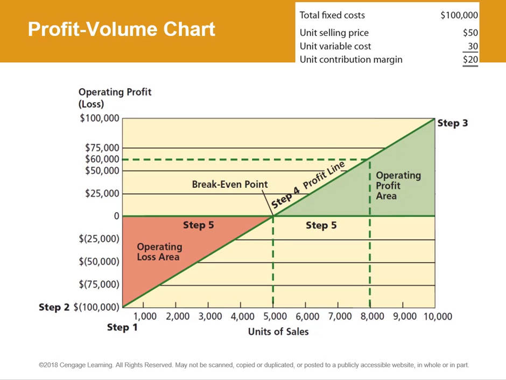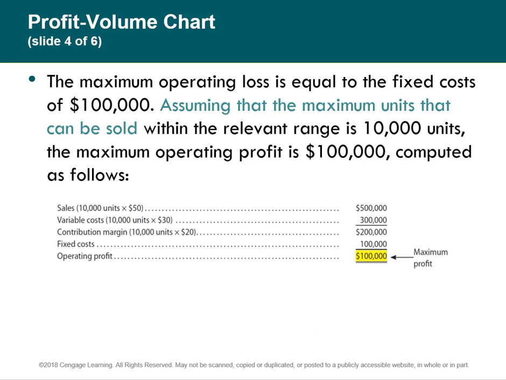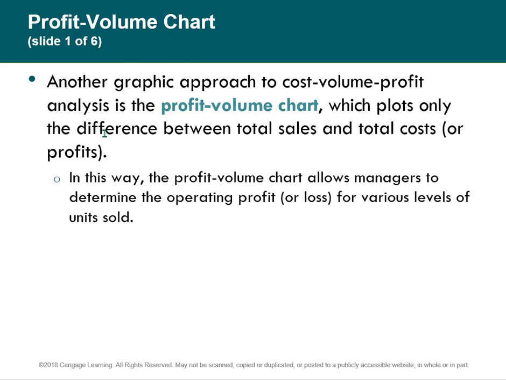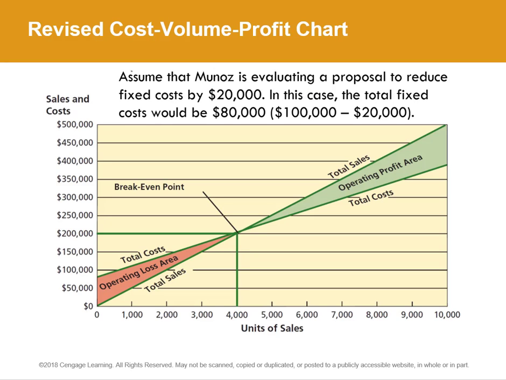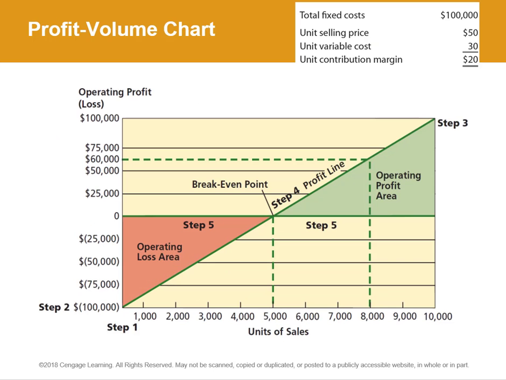Let's go back and see what this is supposed to do for you again. Only the difference between total sales and total cost allows managers to determine the operating profit. Can't you do that here? Maybe not. So let's go down here.